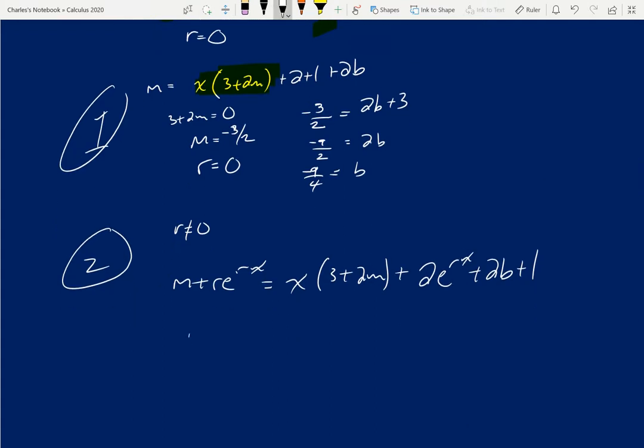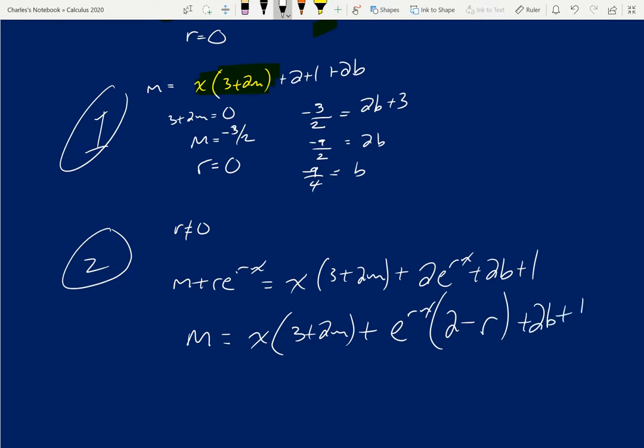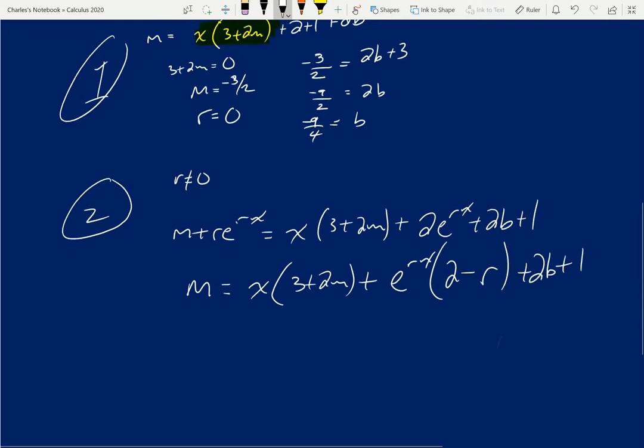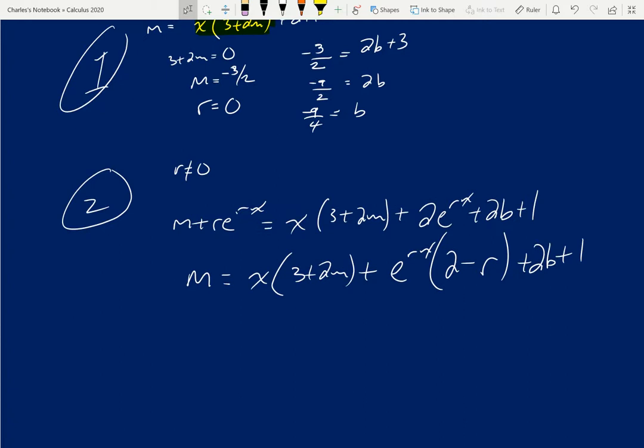So I could write this as m is equal to x times 3 plus 2m, plus e to the rx times 2 minus r, plus 2b plus 1. Okay, and so now keep in mind, x can take on any different value at once. These letters m and r and b, they're constants. They're not going to change within the equation, but x is. So it's only going to work for all values if this is 0 and if this is 0. Well, how does that happen?